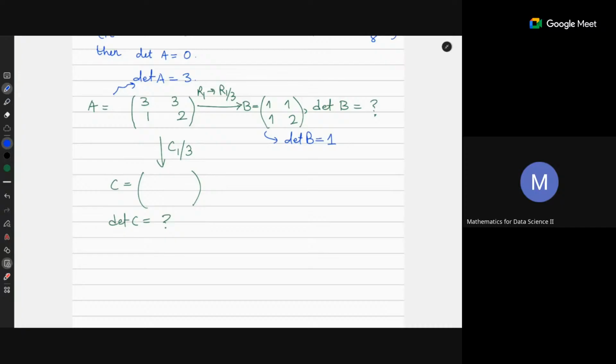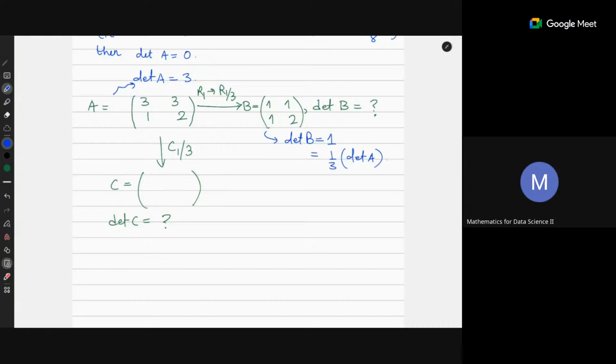Now I'm going to tell what the relation is. You have divided your row by 3, so the effect of this operation on the determinant is precisely 1 by 3 of the determinant of A. So what is determinant of B? It is 1 by 3 of determinant of A. Because determinant of A was 3, and after the operation you obtained matrix B, the determinant of matrix B was 1, which is 1 by 3 of the determinant.